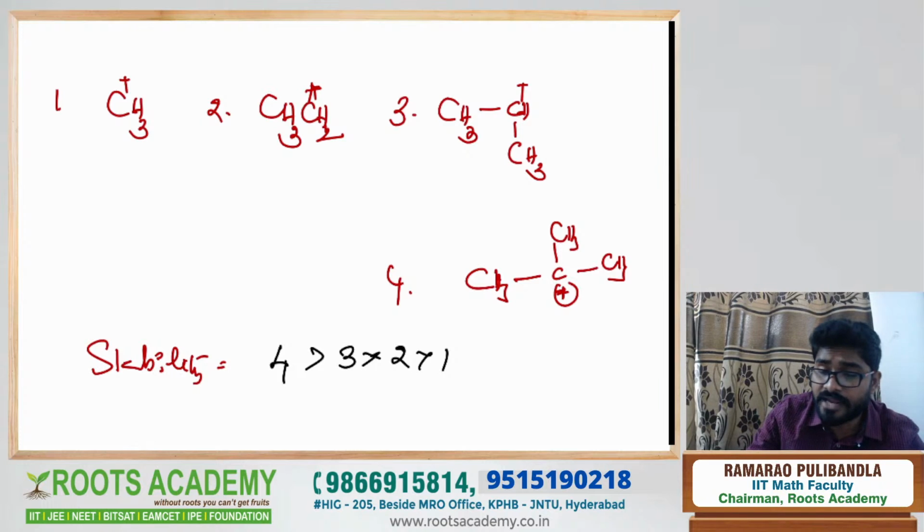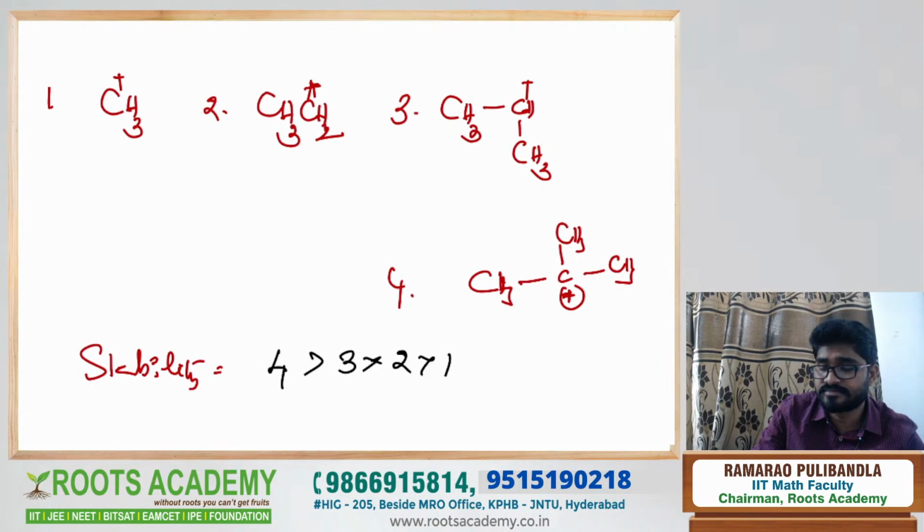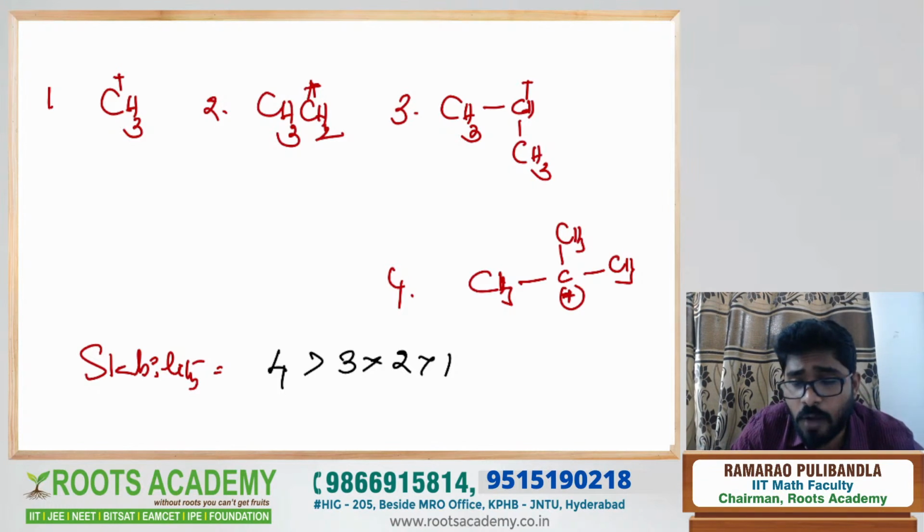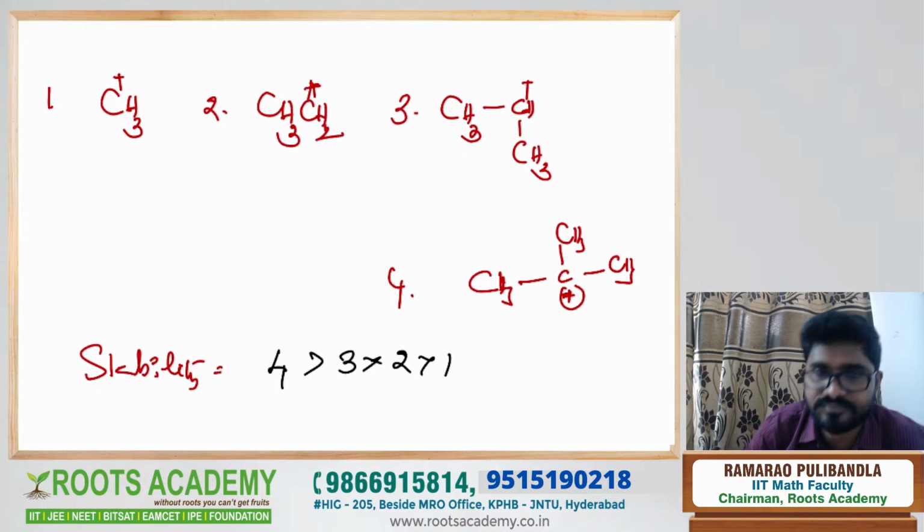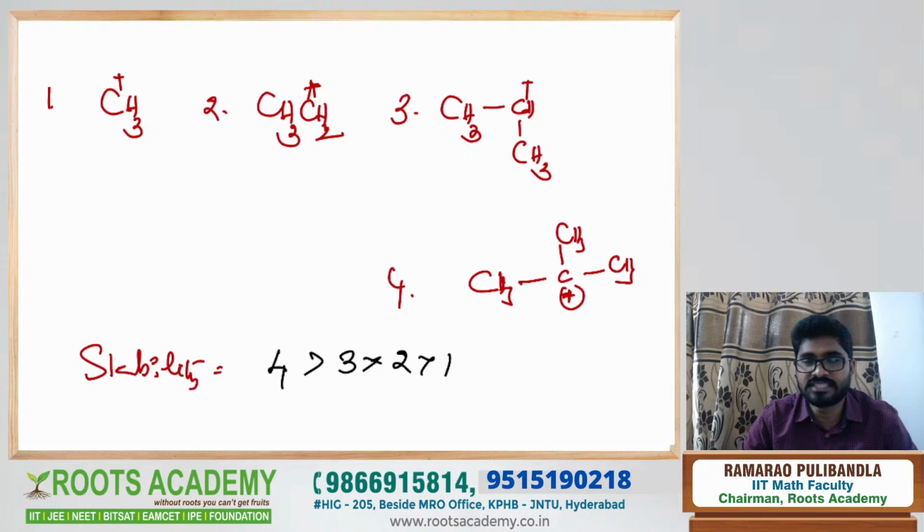Because, see, how many hyperconjugations are possible for this? Okay, fine, Manjari. Here, how many hyperconjugations are possible for this first structure? Anyone? The first structure has how many hyperconjugations? Yes, Vani, fine. How many are there for the first structure? Number of hyperconjugations are how many?